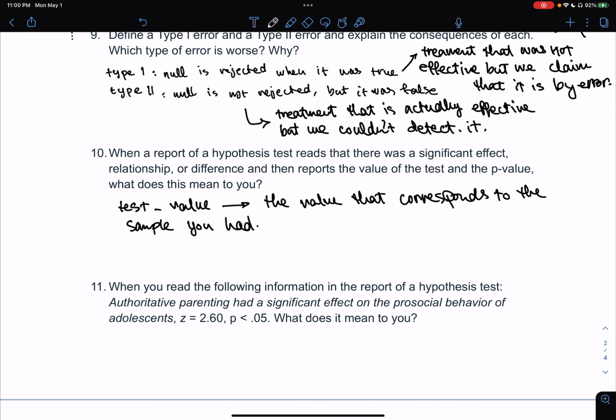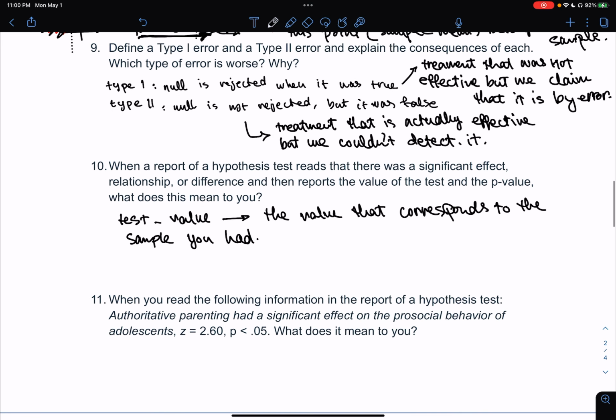The same way that we found z-scores, you find the score for your sample compared to the mean value of sample means. So this shows the number associated to your sample, and the p-value describes the probability.